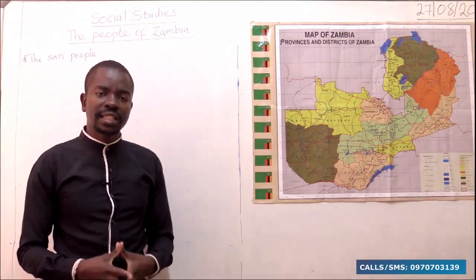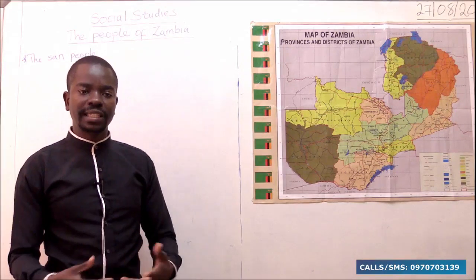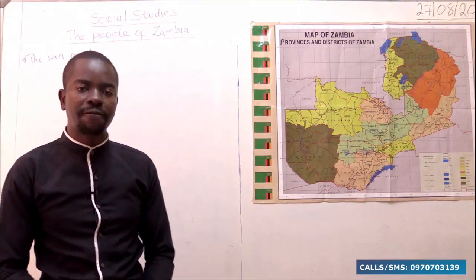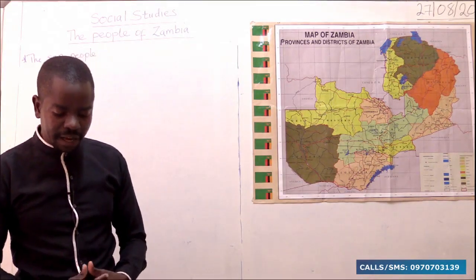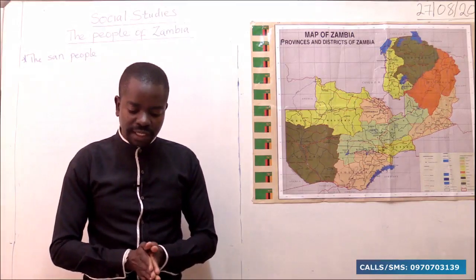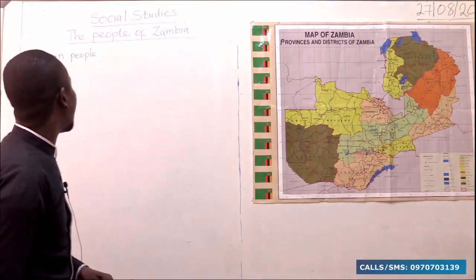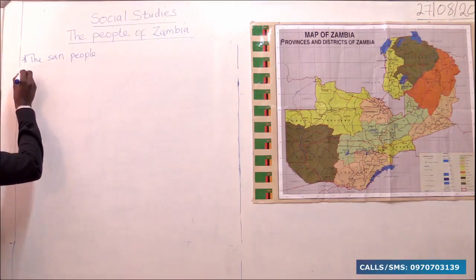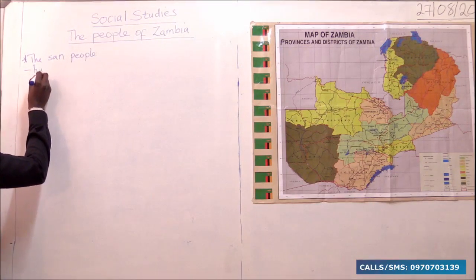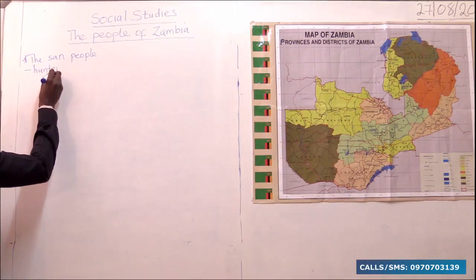So how did the San people live in Zambia, or how did they survive? The earliest people to live in Zambia were hunter-gatherers. So the San people were hunter-gatherers.